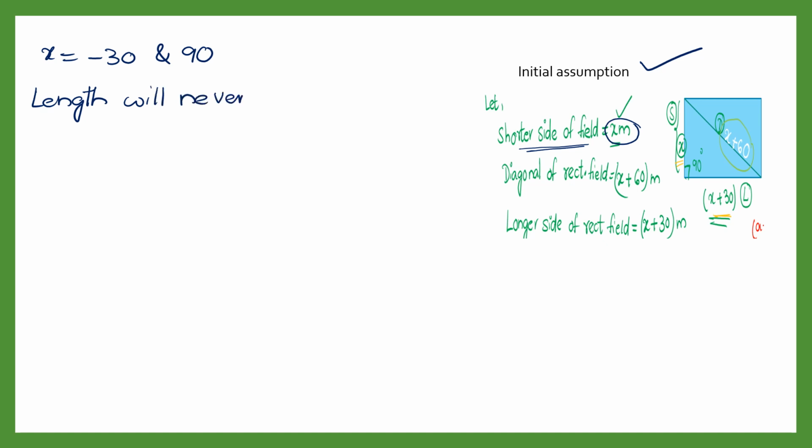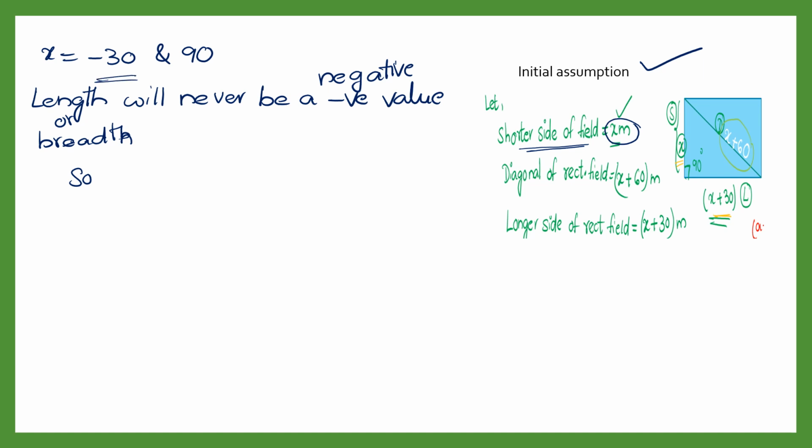Length or breadth, anything, breadth will never be a negative value. Here, shortest side means it is the breadth of the rectangle. It will never be a negative value. So x equal to minus 30 we cannot consider.